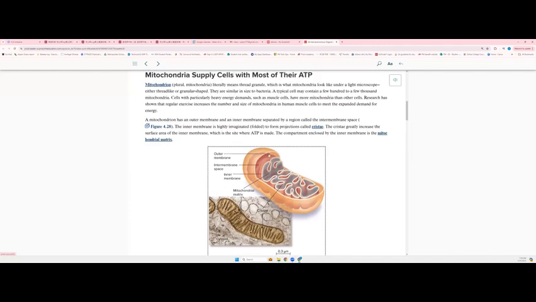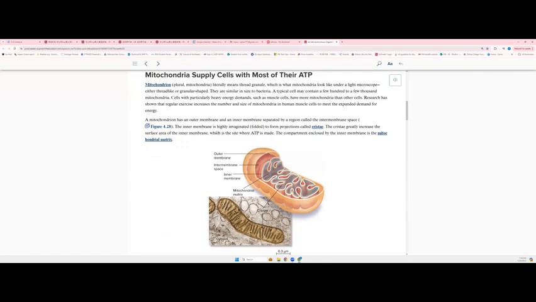So this is the structure of mitochondria. Outside is the outer membrane, and this is the inner membrane. There are two layers of membranes, and in between the outer and inner membranes there's a space called the intermembrane space, and within the inner membrane is the mitochondrial matrix.